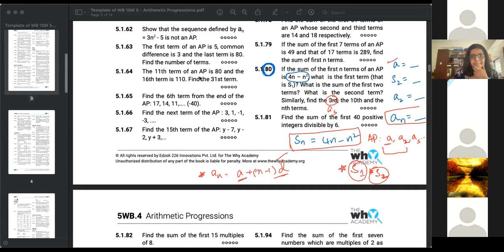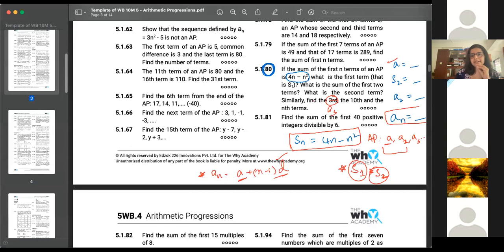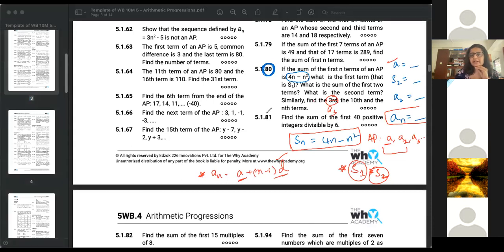Solving. Okay. Whoever is done with 80, you can start doing 81. This is something you can easily do. It's simple. You have done this type of question before, but for AN; this time they're asking for SN.